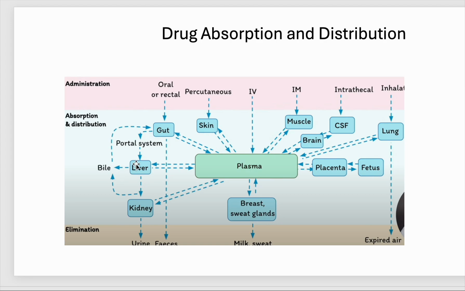Whatever is left over passes through the liver and goes to the kidney, and the kidney excretes it, eliminates it in the form of urine. Now, even after passing from liver to kidney, some of the drug goes to the plasma, and from plasma it can be eliminated via various other routes, that is via the placenta, and it can be transferred from the placenta to the fetus, and the fetus's waste materials are again transferred from the fetus to the placenta, placenta to plasma, and from plasma to kidney, and kidney to urine.